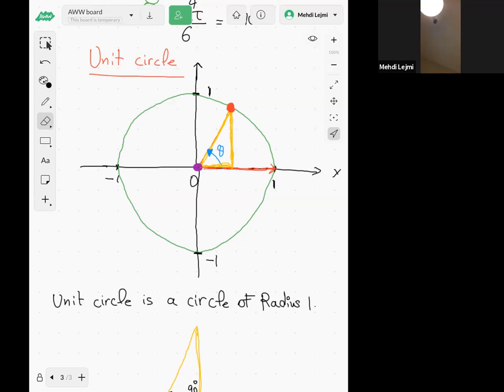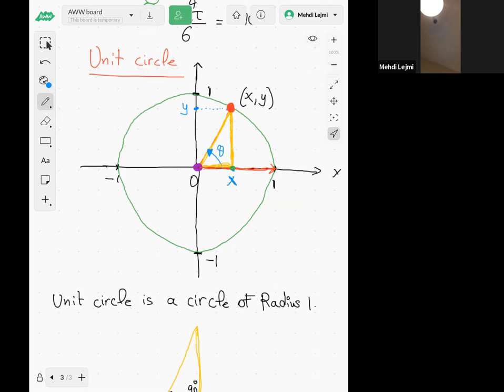The X coordinate is here, and the Y coordinate would be here. So that's the point XY.